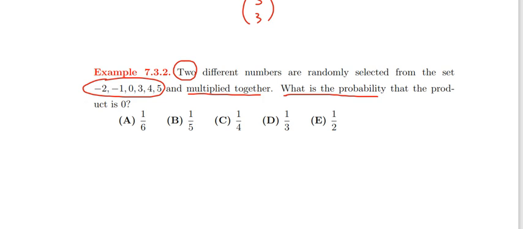If the result is 0, this means 0 multiplied by some other number. So we separate those numbers into 2 parts, 0 or not 0. Not 0 are -2, -1, 3, 4, 5. So we just split this into 2 parts.